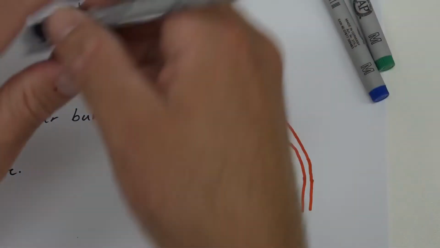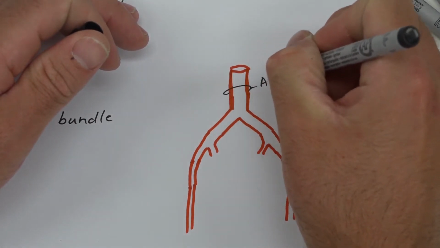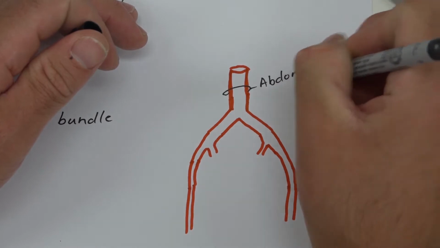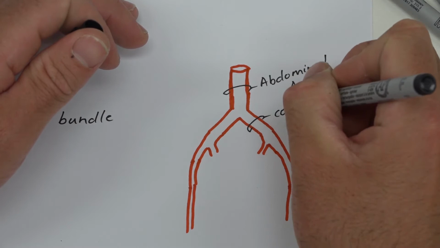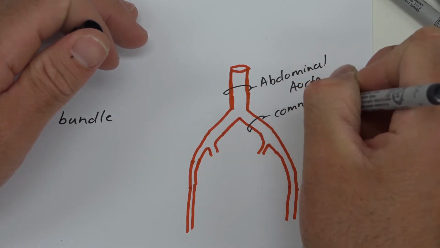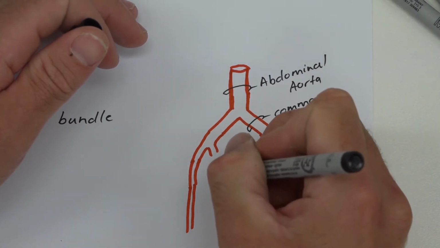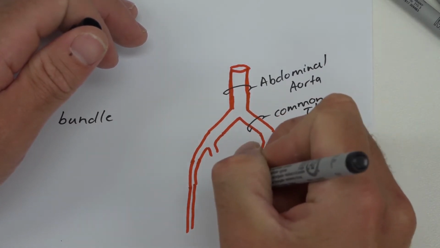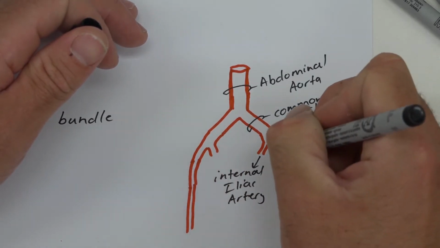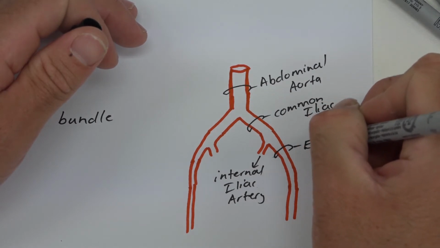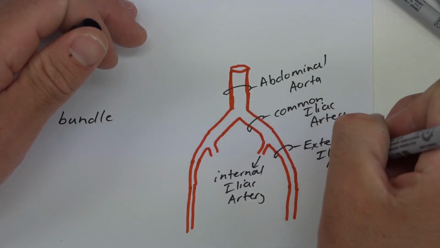So if we label these parts, we've got this large part here, which is the abdominal aorta, this part here, which is a common iliac artery, this one going inside, the internal iliac artery, then one going outside, the external iliac artery.